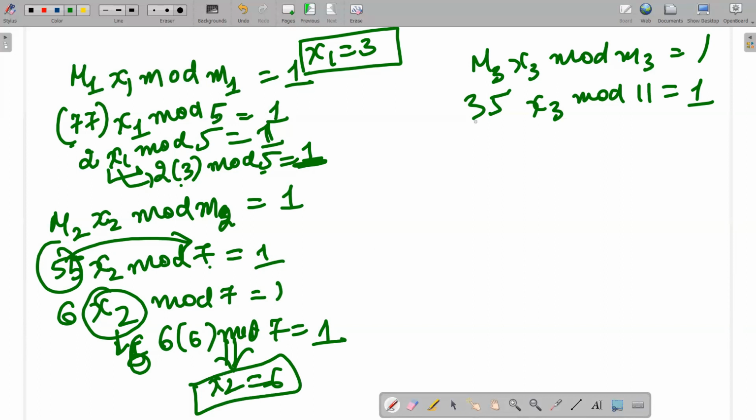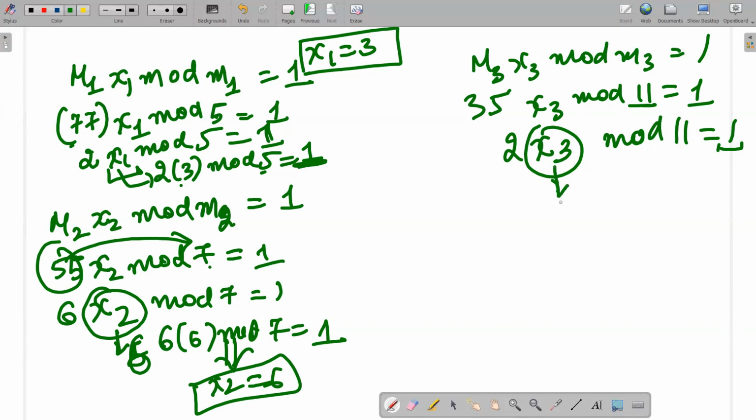And let's find x3. 35 mod 11, the answer is 2. So 2 x3 mod 11, how will we get the answer 1? I have to put some value for x3.